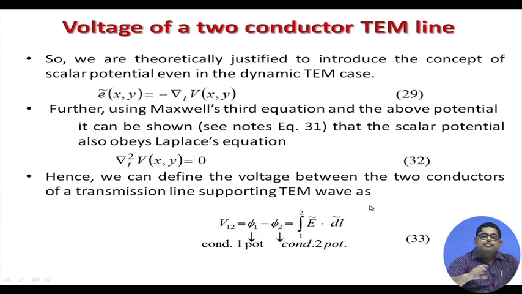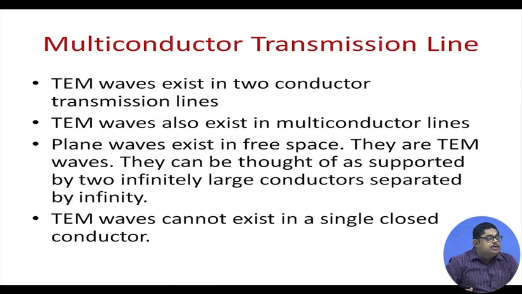If a TM wave is propagating on a 2-conductor line, we can always define a voltage difference, which is nothing but the potential of conductor 1 minus the potential of conductor 2. So it is equal to integral from 1 to 2 of E dot dl. So if we know the electric field, we can find V12 as a line integral from the first conductor to the second conductor.